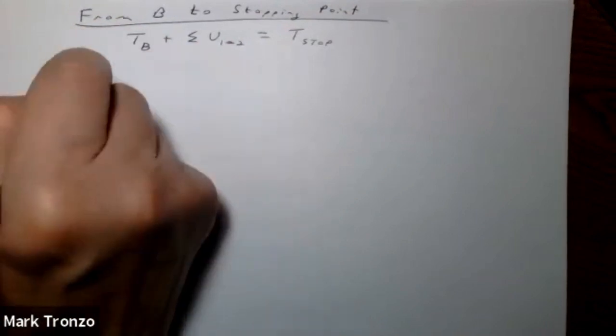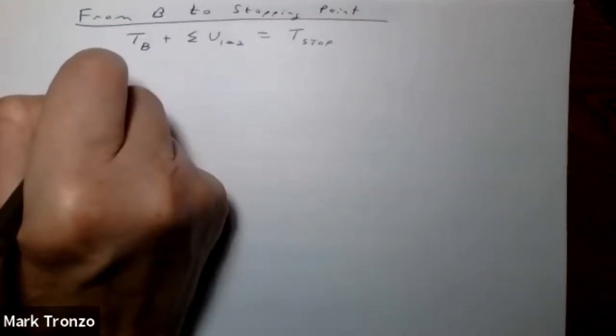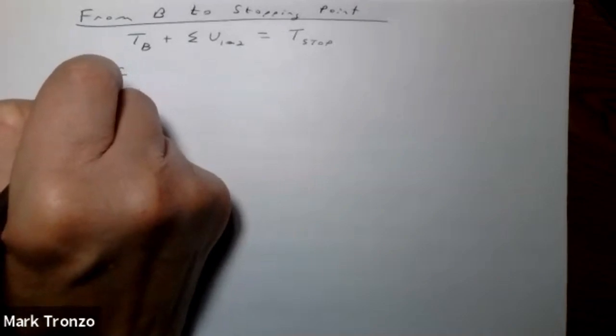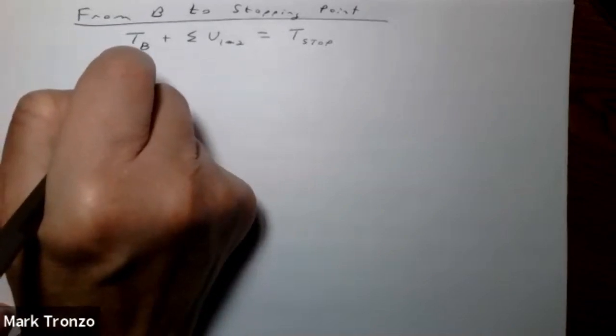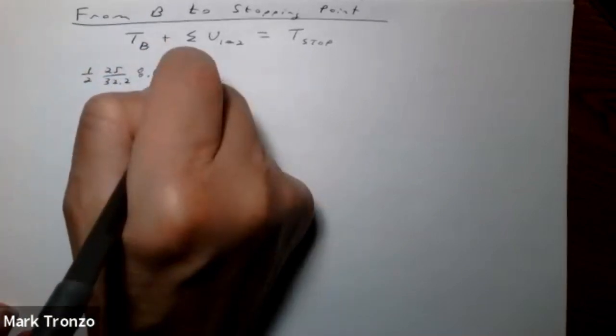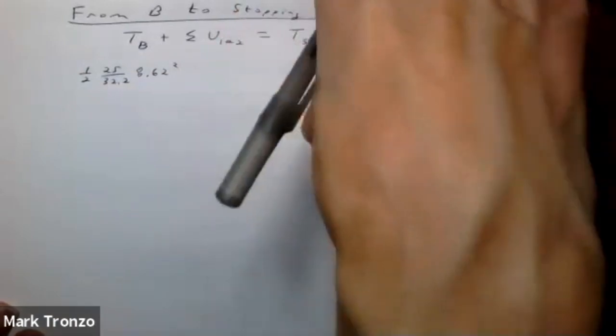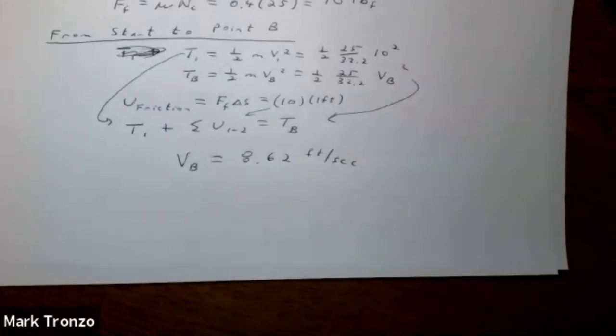So it's going to be 1/2 times 25 divided by 32.2, times 8.62 feet per second squared, and there's still going to be friction.